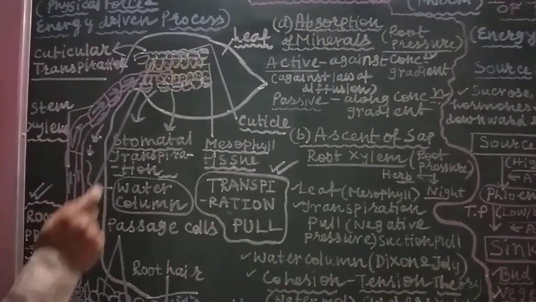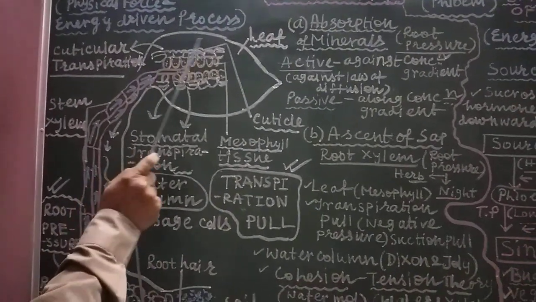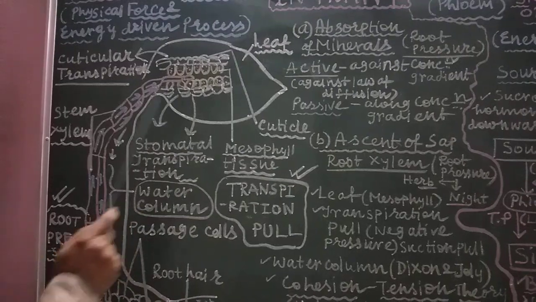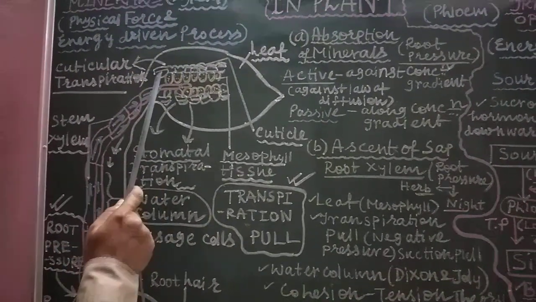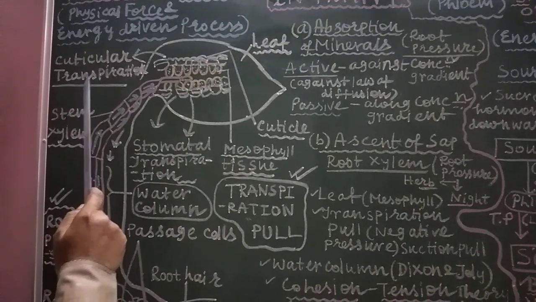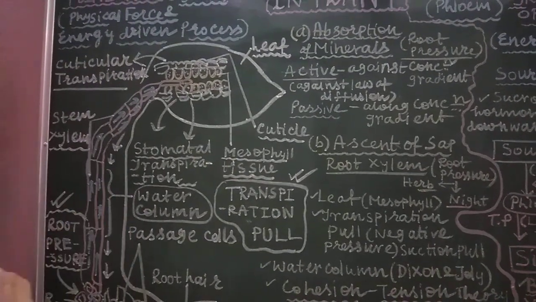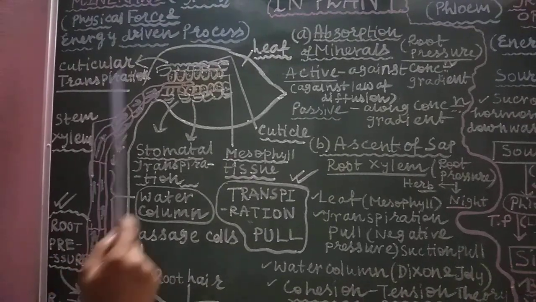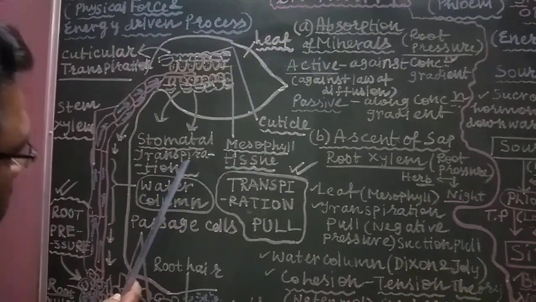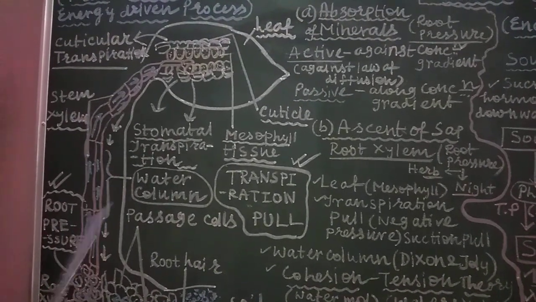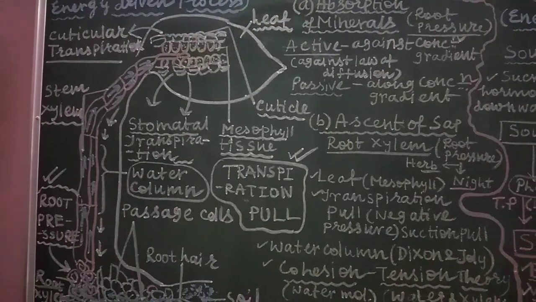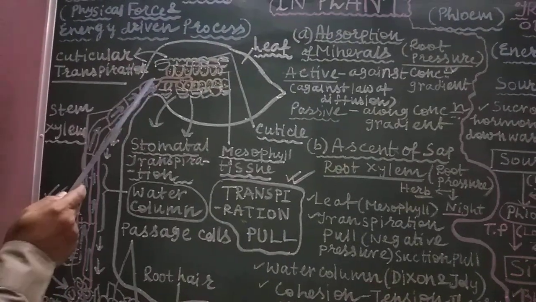You know that this is the leaf, and if we do the cross section, this is the mesophyll tissue. Millions of mesophyll cells are there which, by the process of cuticular transpiration and stomatal transpiration, are continually expelling water in the form of water vapor, due to which a suction pull is generated.